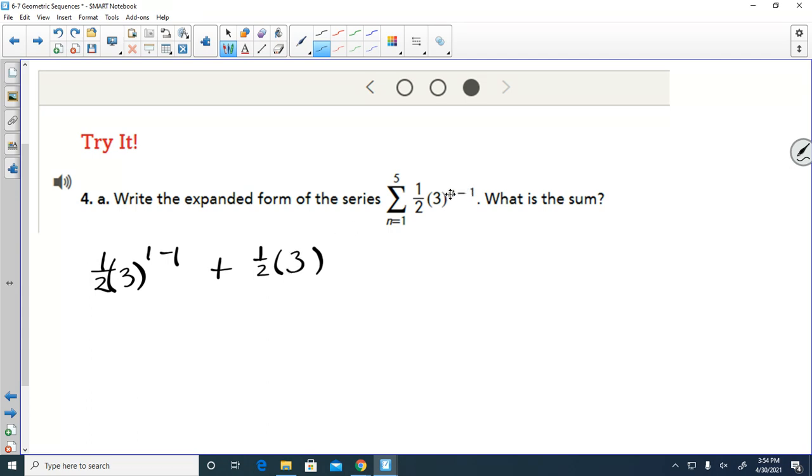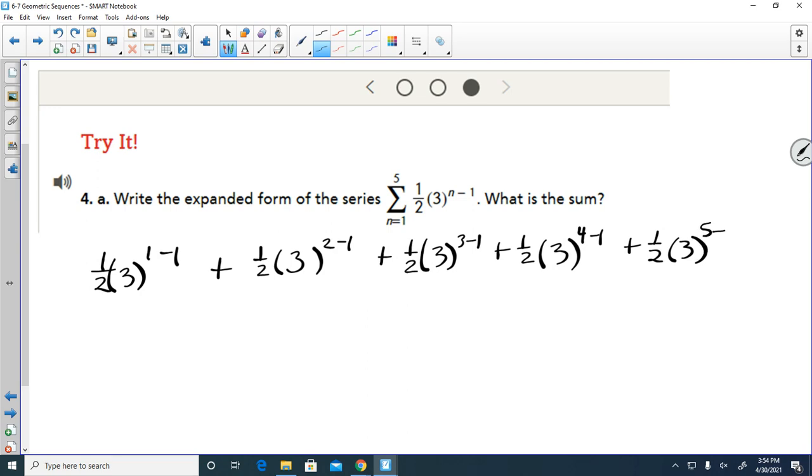So instead of substituting in 1 for n, now I'm going to substitute in 2, and keep doing this until I get all the way to substituting a 5 in. Plus 1/2 times 3 to the 4 minus 1 plus 1/2 times 3 to the 5 minus 1.